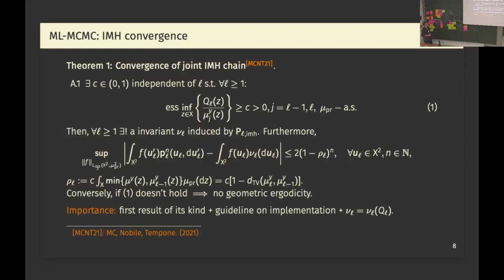So it's probably difficult to see, but this is a boldface U prime, meaning that it has this component U_{L-1}. Sorry, I should have made that more clear. The differential is only with respect to U_L prime. It's for all U_L.